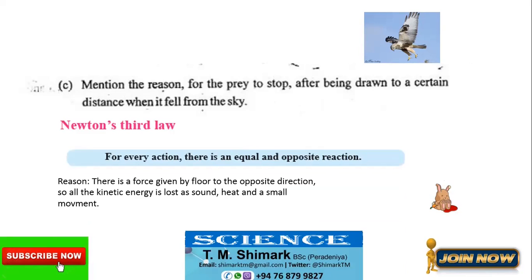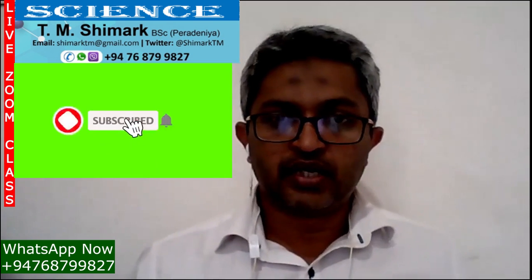That kinetic energy is lost as a bit of sound, a little bit of heat, and a small movement that it moved. So the main reason is the force in the opposite direction. There is a force given to the rabbit or the prey. Hope everyone understood the answers.